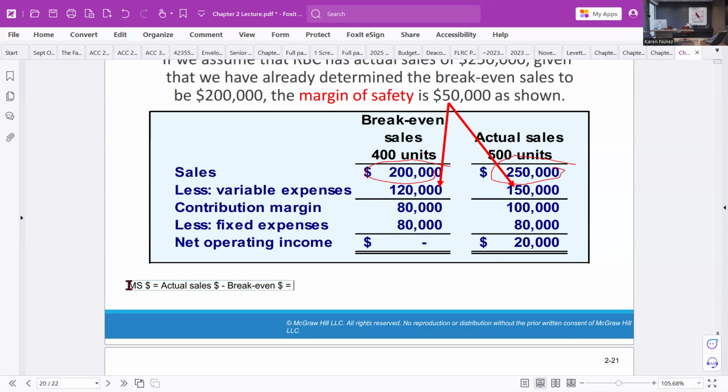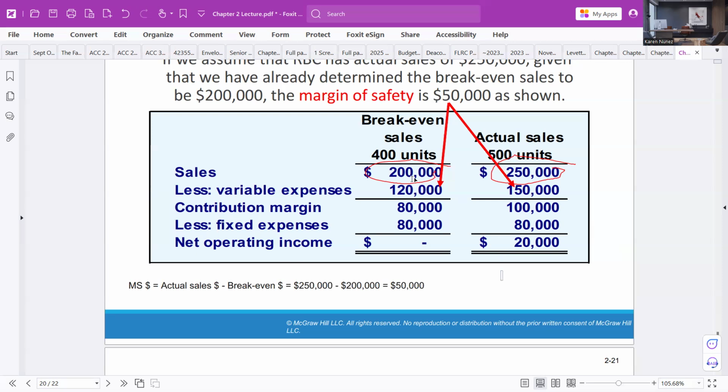We got $250,000 in actual sales, minus the break-even sales of $200,000. So the margin of safety that we have here is $50,000. We have a cushion between the actual sales of 250 and the break-even sales, so we could afford to lose up to $50,000 in sales. That's our margin of safety.